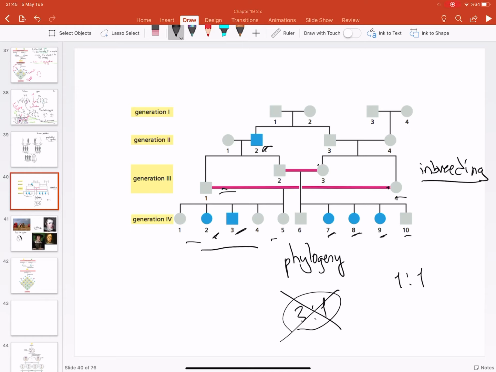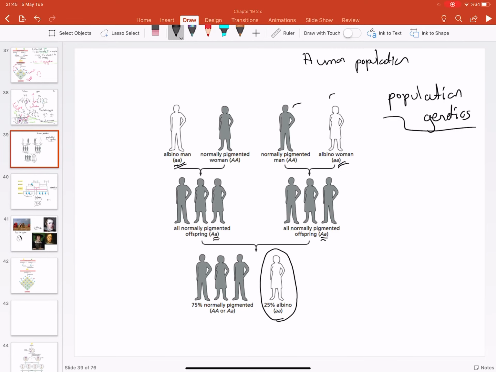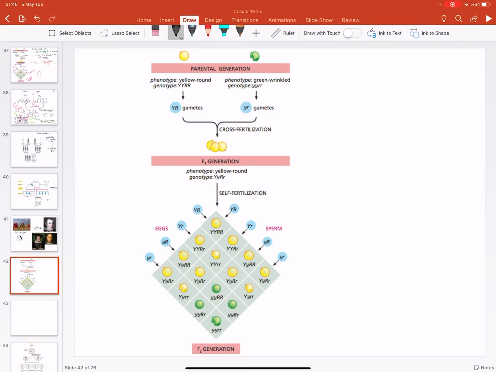This alters the calculation that we do by Mendelian genetics. So we have some calculations on the basis of Mendelian genetics, but these calculations are altered when there is a lot of consanguinity in the population. This is one of the examples.